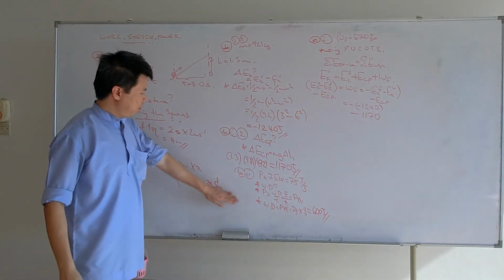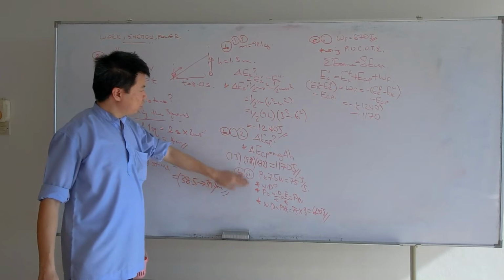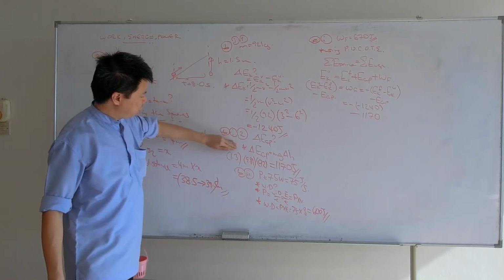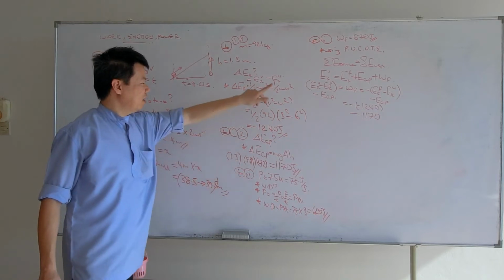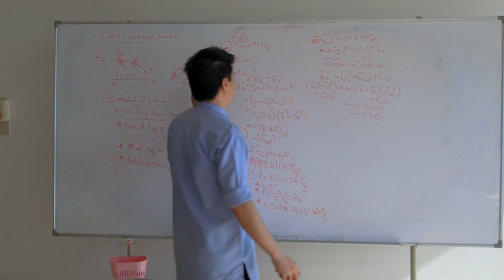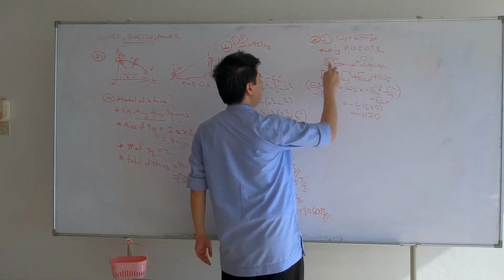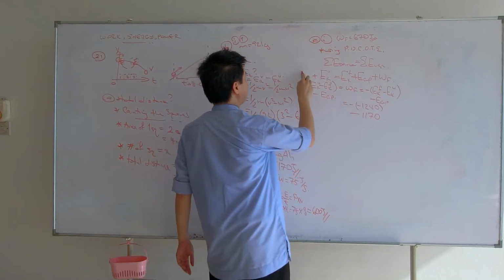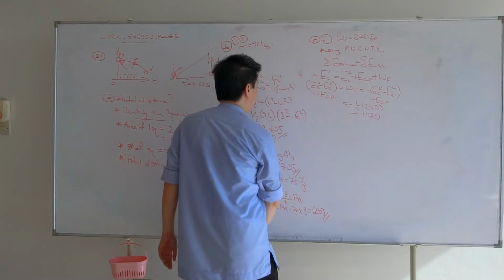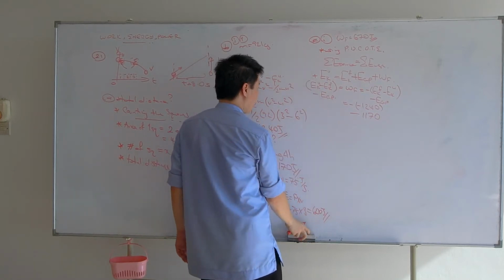But we have a problem because we not only have kinetic energy and gravitational potential energy, we also got the energy that is given by the cyclist, and this is an energy source. You also have the work done that's given by the person to be 600 joules. So we say this is the work done by a cyclist.